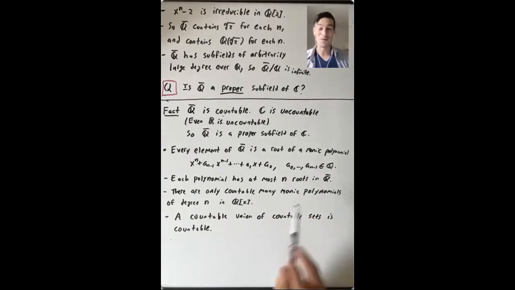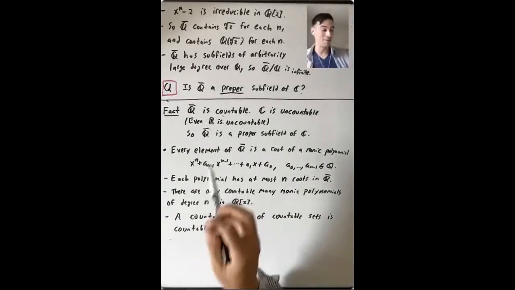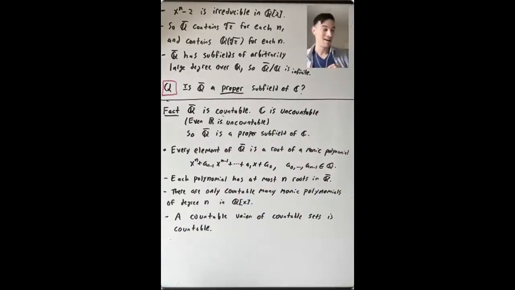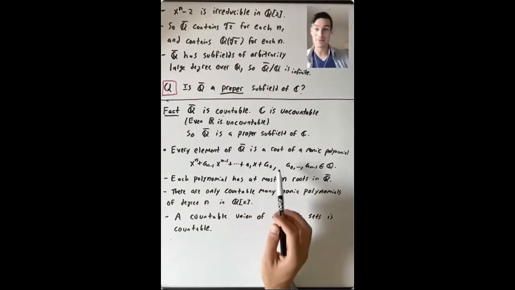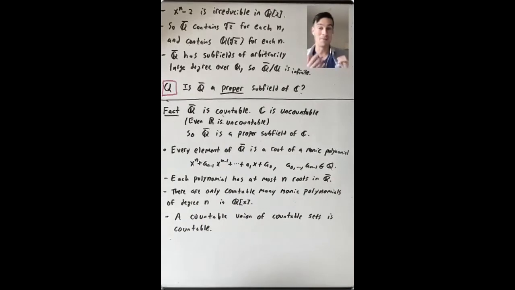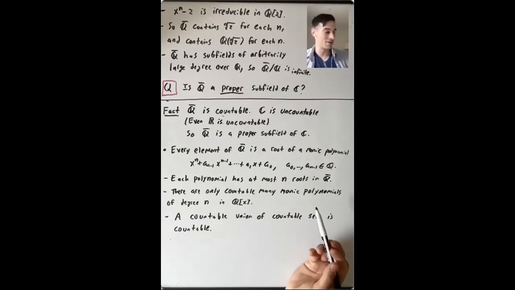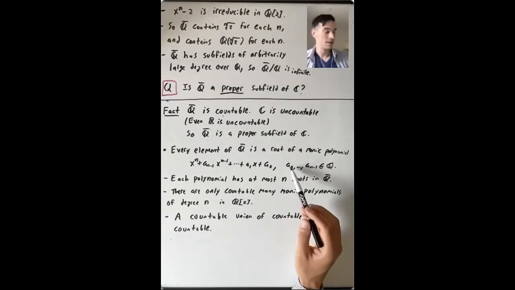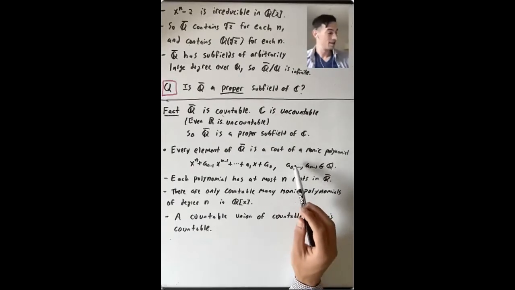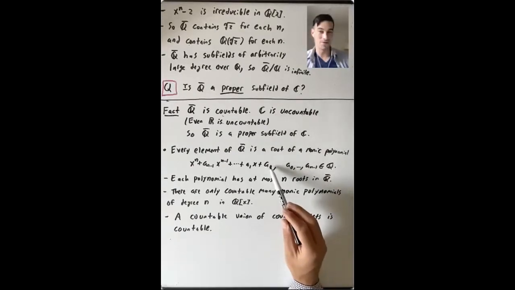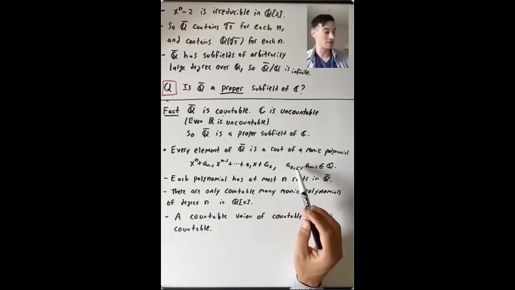So this is a little fuzzy, but the idea is: how many elements are there in Q bar? Well, how many elements come from polynomials of degree n? It's at most n times the number of these monic polynomials. And how many monic polynomials are there? Well, we know that Q is countable. So there are countably many choices for the first coefficient, countably many choices for the next coefficient.